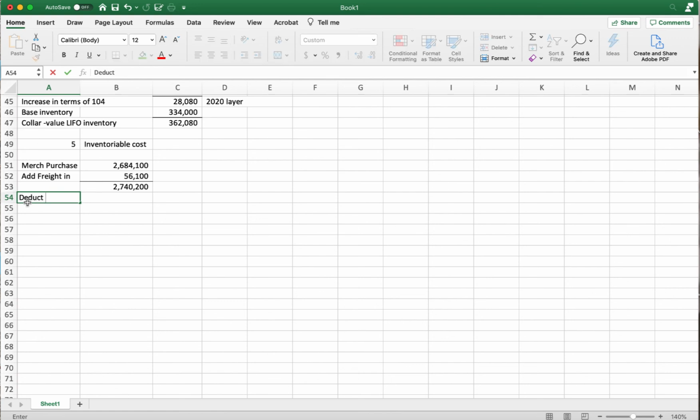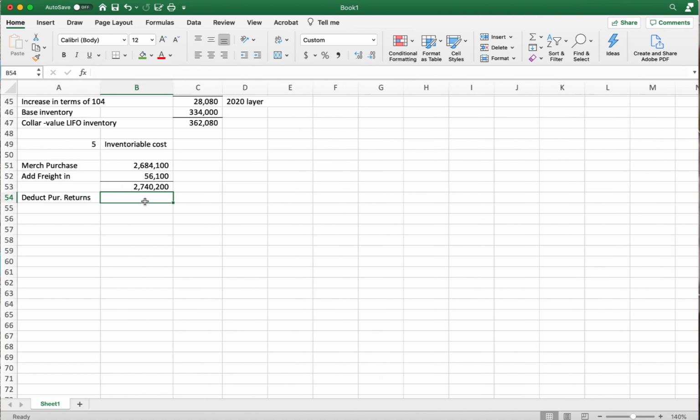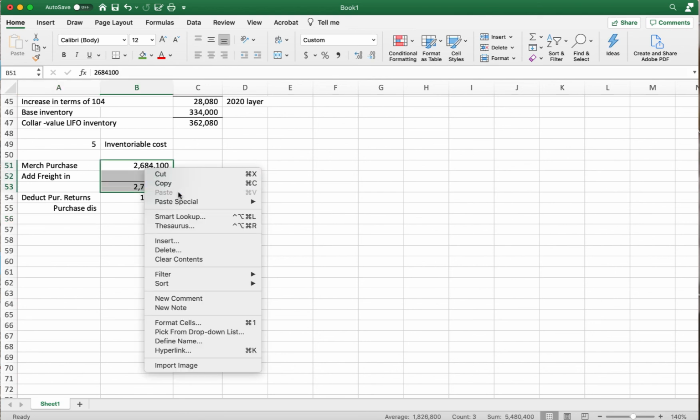Okay. Now I need to deduct my purchase returns, which the problem tells us are $121,600. And I also need to deduct my purchase discounts, which are $24,850.